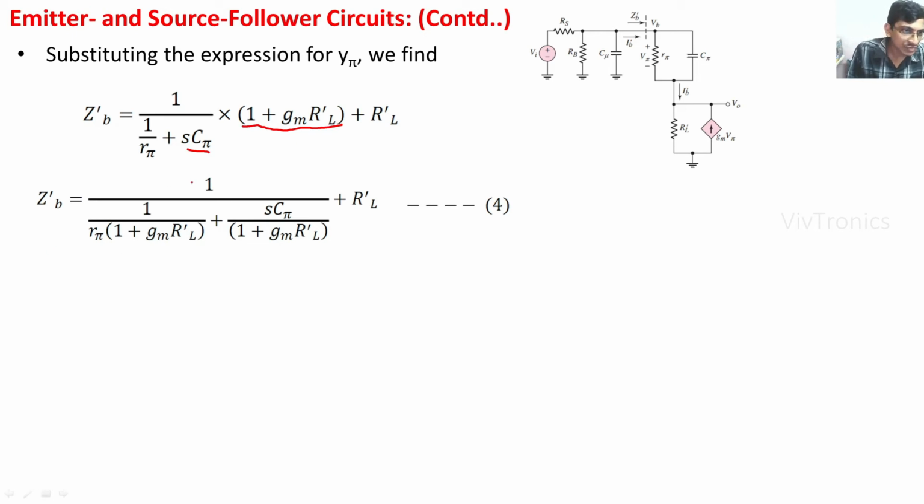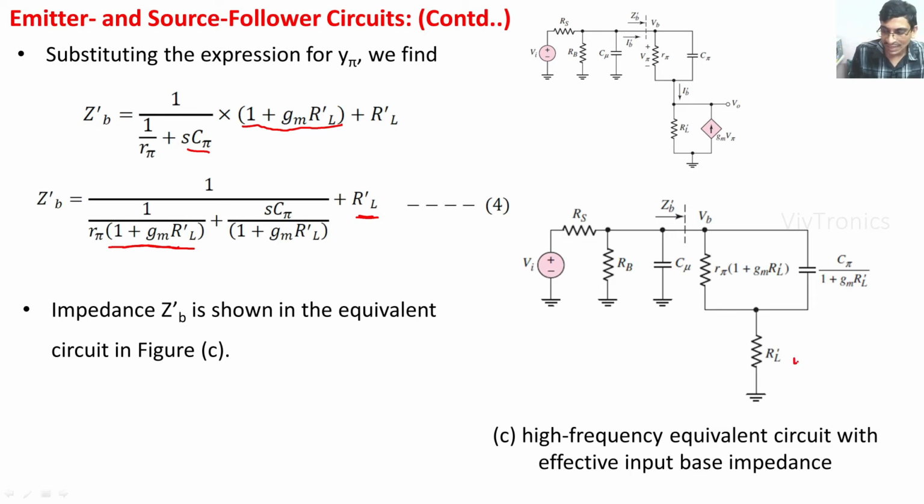Therefore it becomes 1 by R pi into 1 plus GM RL dash, plus S C pi, divided by 1 plus GM RL dash, plus RL dash. If you see this equation, we can say that RL dash is in series with the parallel combination of R pi into 1 plus GM RL dash, and the capacitance value C pi divided by 1 plus GM RL dash. So this equivalent circuit has been replaced like this.